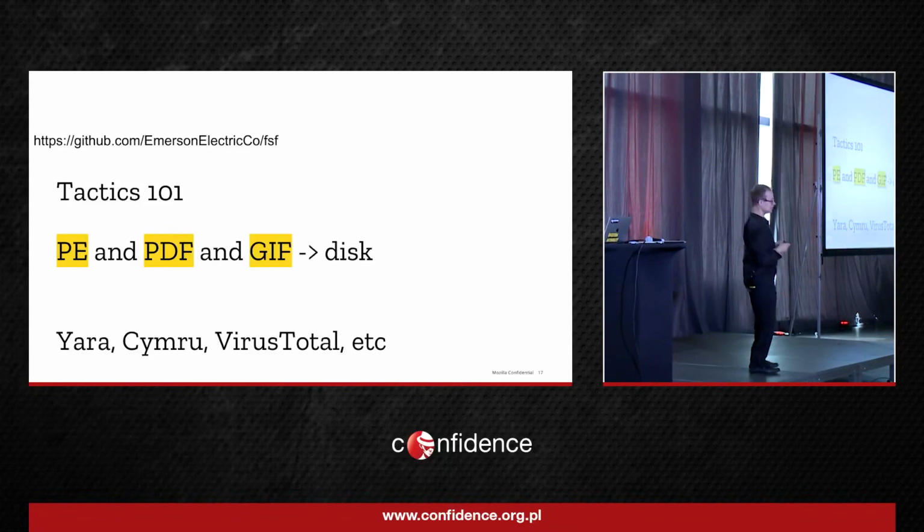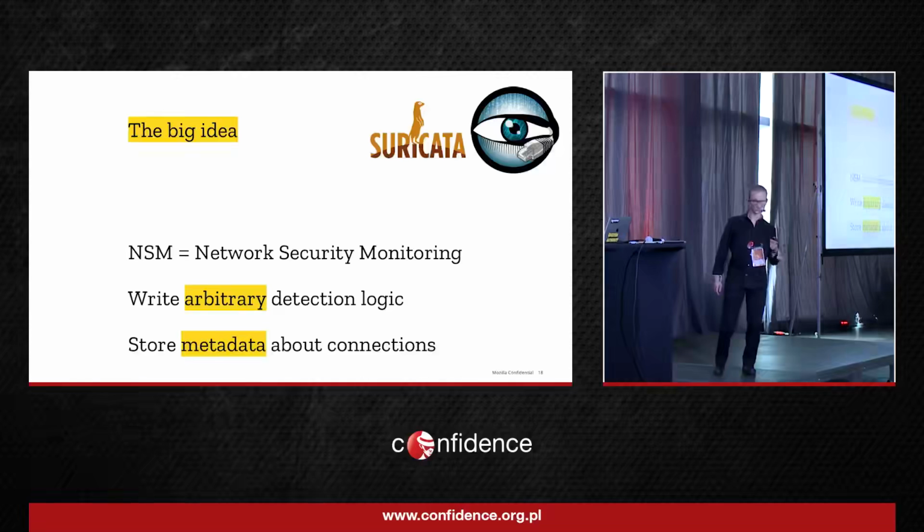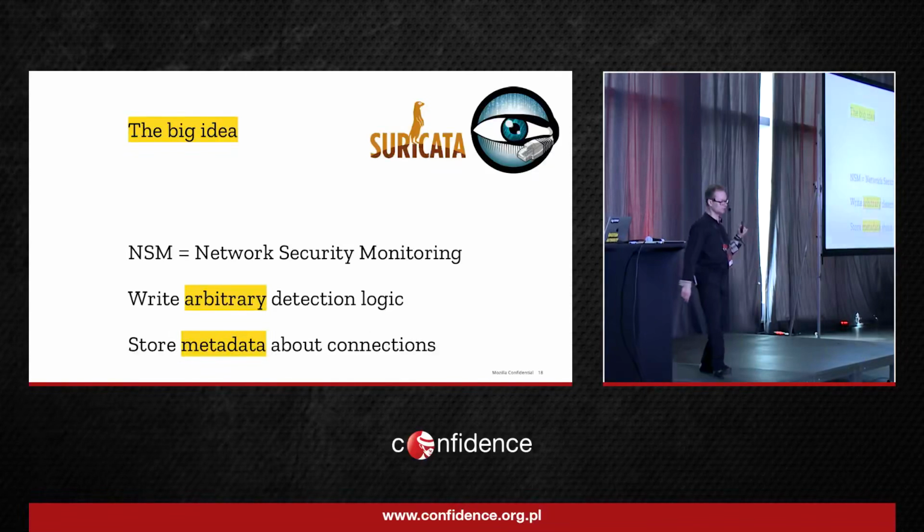By analyzed, I mean I want to capture this file from the wire, save it to disk, and have something like Yara or VirusTotal pick it up and ask, hey, what do you know about this PE file? Automatically. If it knows something bad about it, I'd like to get an alert on it. So the big idea, to recap this part, is network security monitoring: sniffing everything on the network layer, even in internal networks, storing metadata about everything, and writing any detection logic that you ever wanted.